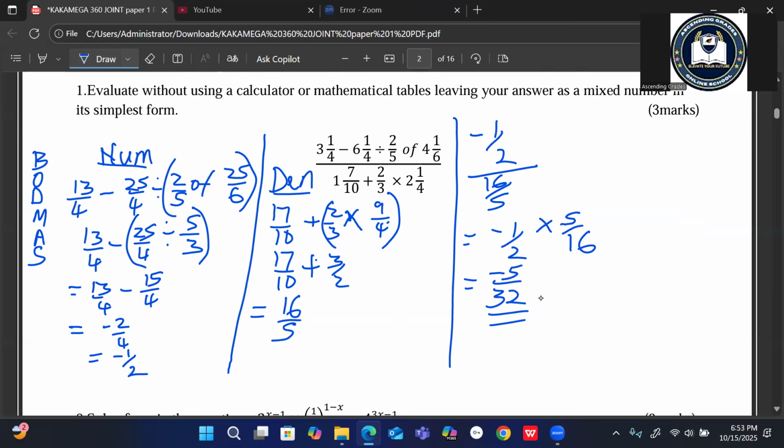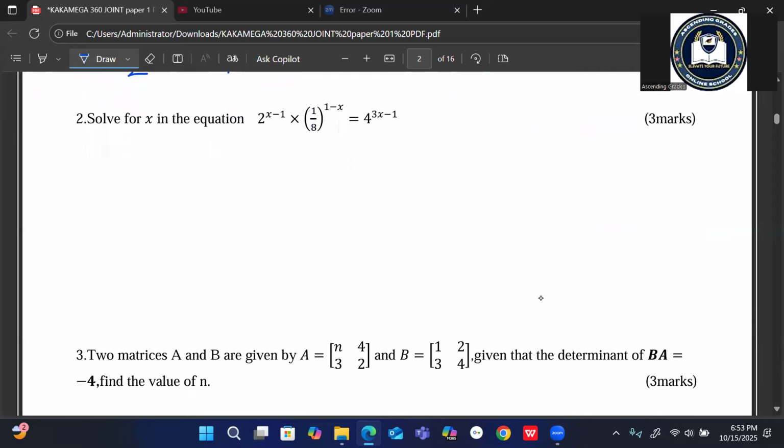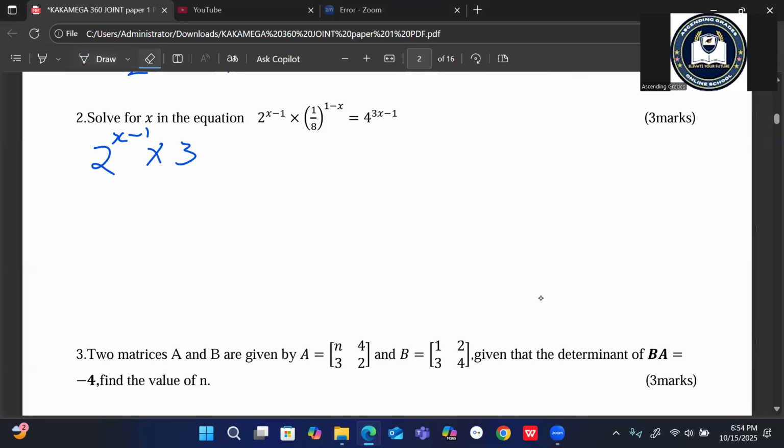So we go to number 2. Solve for x in the equation 2 power x minus 1 times 1/8 power 1 minus x is equal to 4 power 3x minus 1. First of all, we write the equation under base 2. The first one is already under base 2. The second one, 1/8, is the same as 2 power -3.